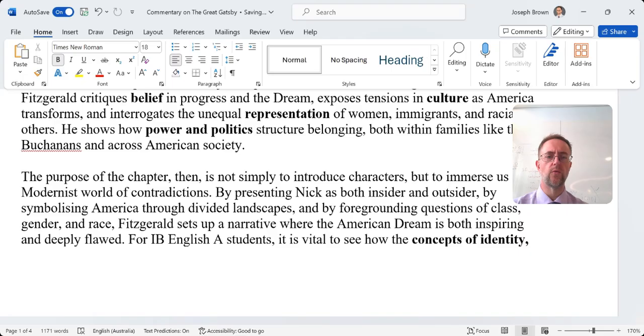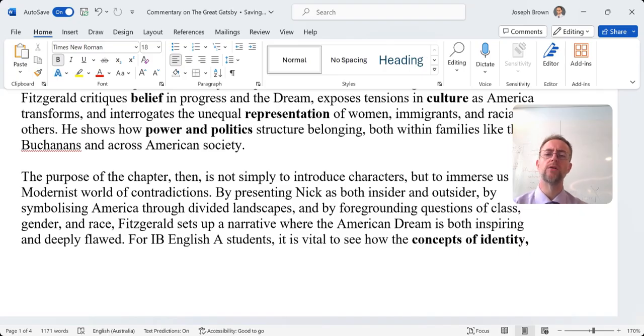And the treatment of the women in the story and the representation of women in the story, some great quotations, probably even as early as chapter one, with Daisy saying her daughter should be a pretty fool, and Tom's treatment of not only his wife and his mistress later in chapter 2 show us how women are treated and how immigrants are thought of. We get that coming up maybe more in chapters 2 and 3. Racial others, and there's definitely racial hints in there, which we will talk about in later chapters.